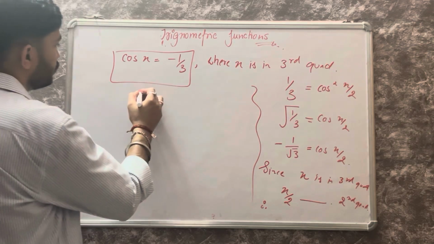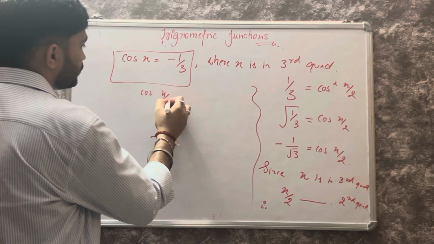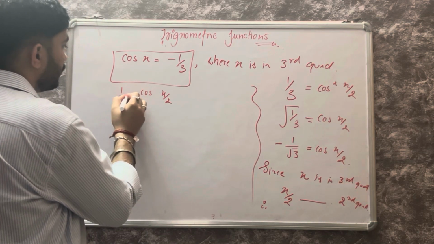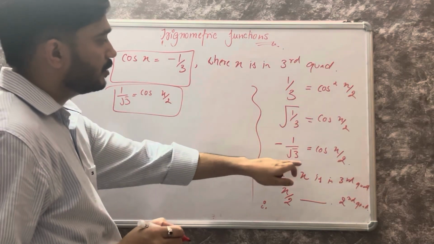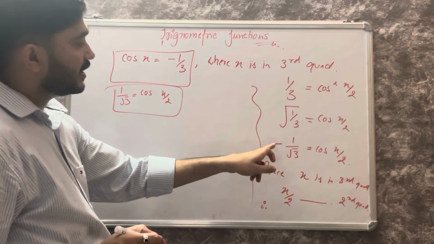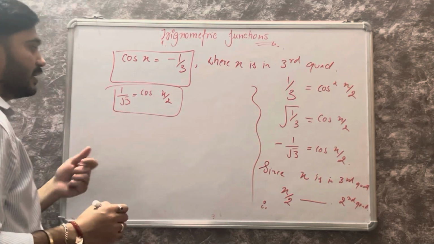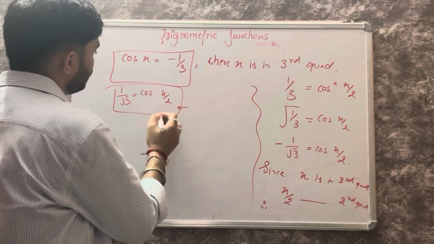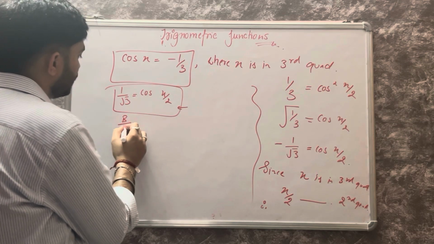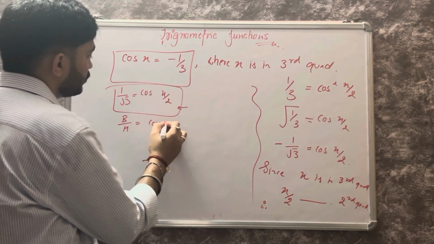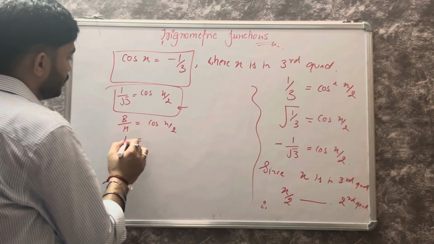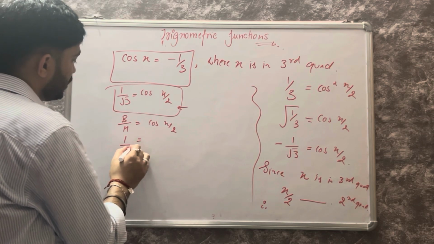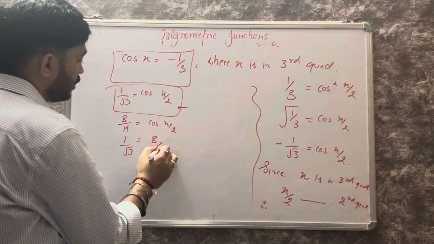How are we going to do so? Cos x by 2 is equal to 1 upon under root 3. If we remove the sign, because the sign represents only in which quadrant it is, so here cos x by 2 is base upon hypotenuse.